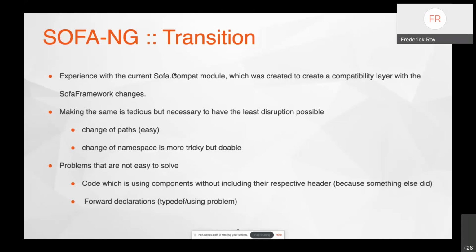And also the forward declarations, because there will be a problem of using typedefs in the chain of the using. I cannot really fix that, I don't know how to fix that actually. So there will be some compilation problems, but I hope less than 10% of the code won't compile directly.